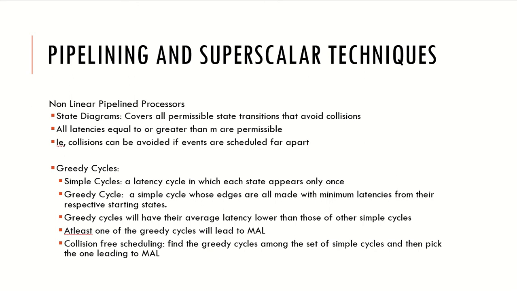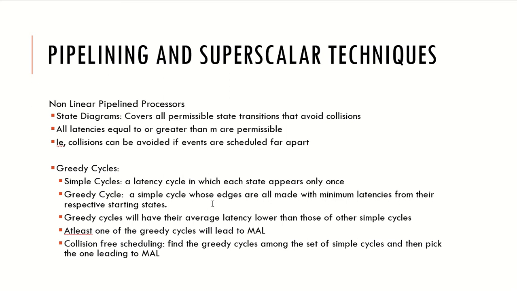Now moving to the last part of this module, the last slide, we have to talk about the state diagram and the greedy cycles. The state diagram, as I said, covers all permissible state transitions that can avoid collision. Greedy cycles are those cycles which will have the minimum average latency, which we call MAL.